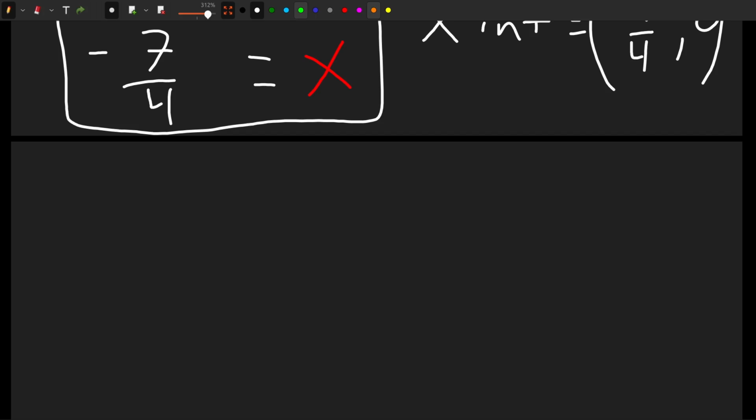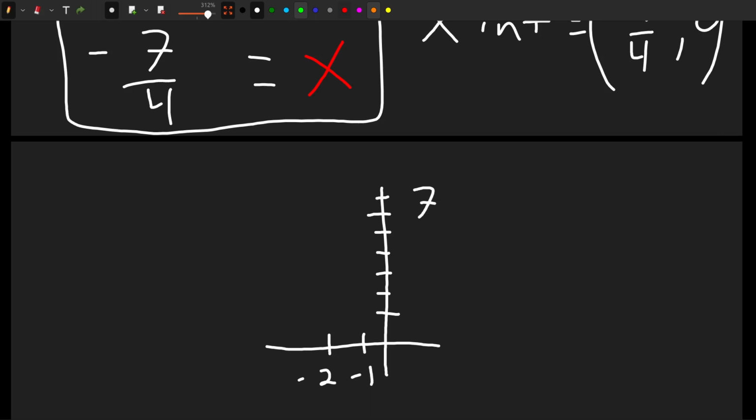That means in a very general graph, I would have something like 1, 2, 3, 4, 5, 6, 7. Go ahead and do this part again. 1, 2. Okay, here's negative 1, here's negative 2, here's 7.